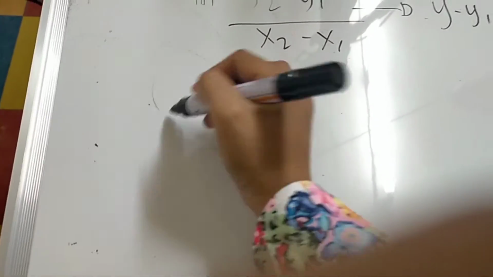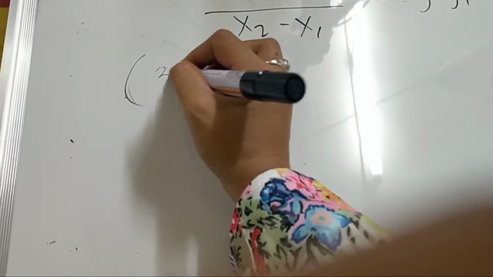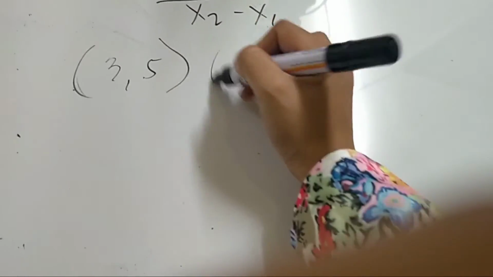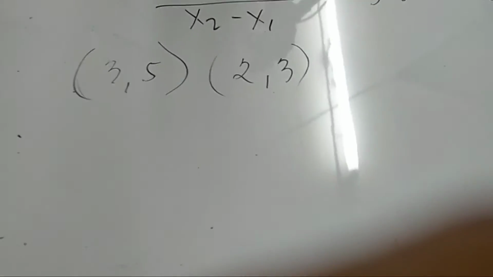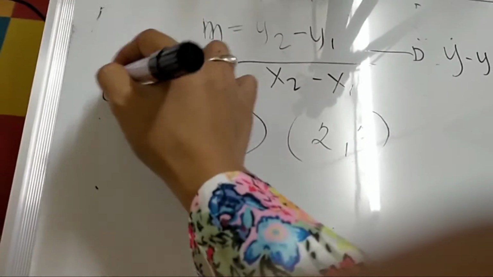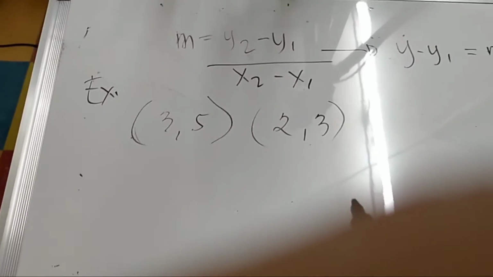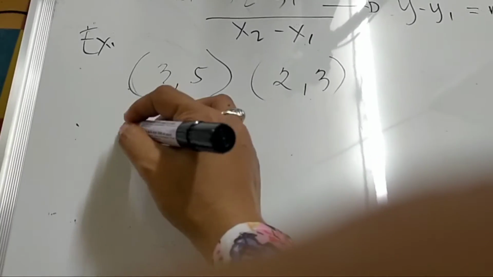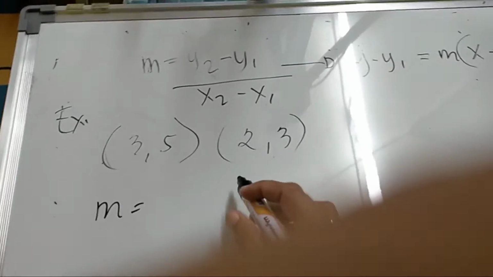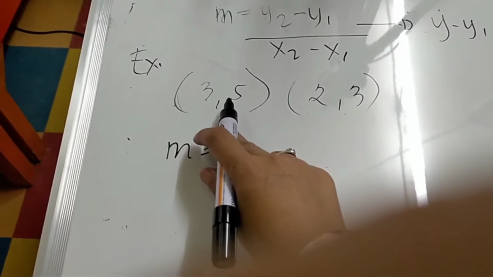We have ordered pairs of (3, 5) and (2, 3). Example na siya, class. Okay, let's first get the slope using this formula. We have m is equal to, let's label this first, class. We have done this before.